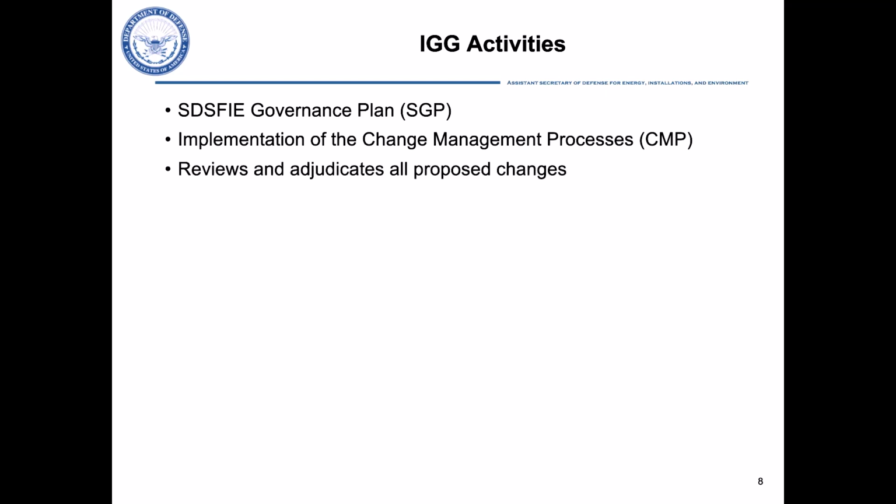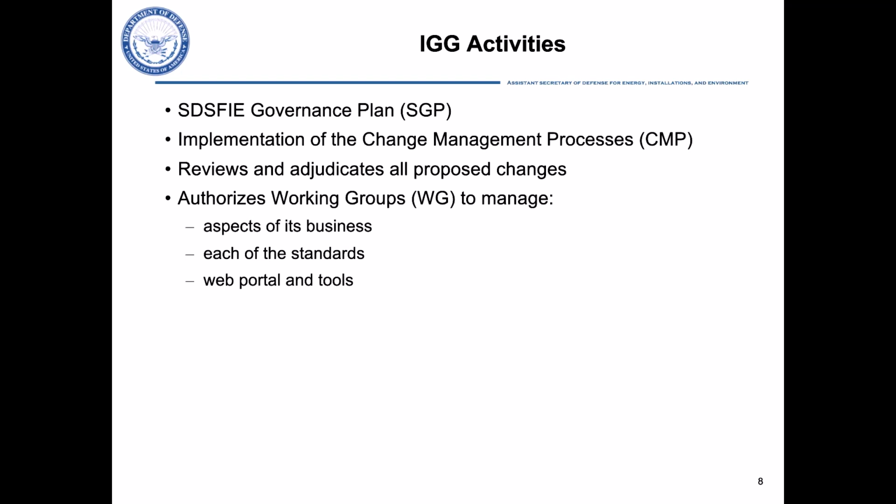The IG reviews and votes on all standards through the processes defined in the CMP and through the applications made available in the SDSFIE portal, which we will look at near the end of the presentation. The IG gives authority to working groups to manage aspects of its business, for example, the Portfolio Working Group, each of the standards, for example, the SDSFIE Vector or V Working Group, and the website and tools by the SDSFIE Portal Working Group.